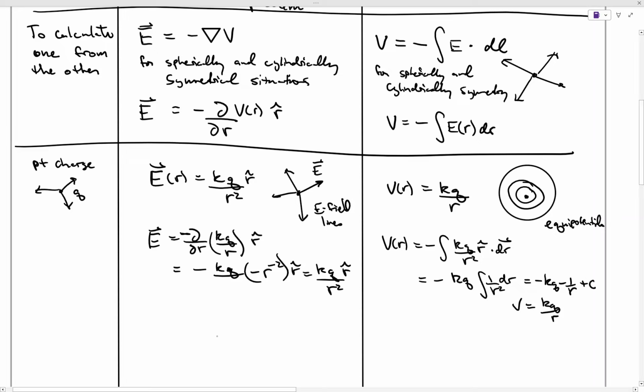So this is the simplest scenario to show us this connection between E and V using calculus. All right, so that's for the point charge.